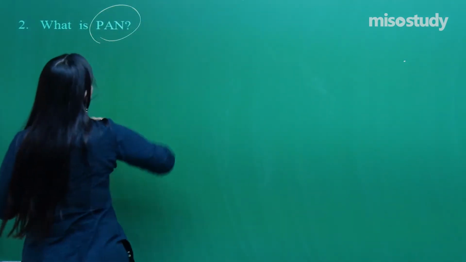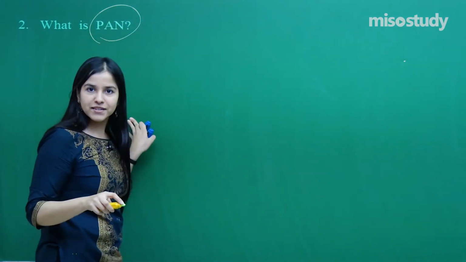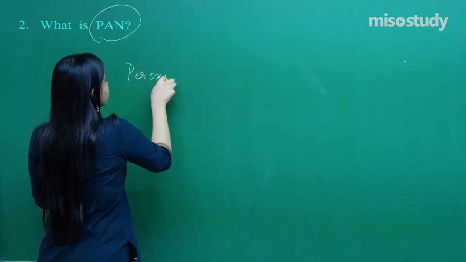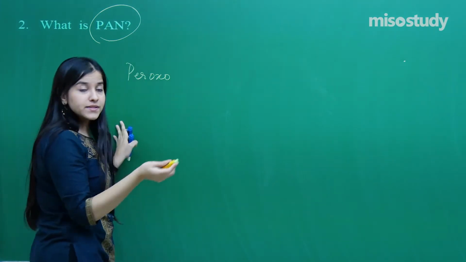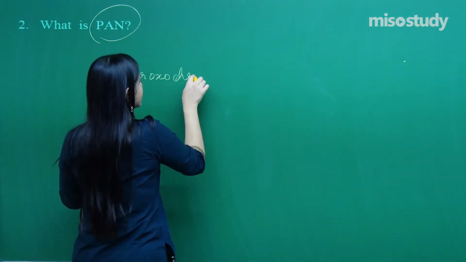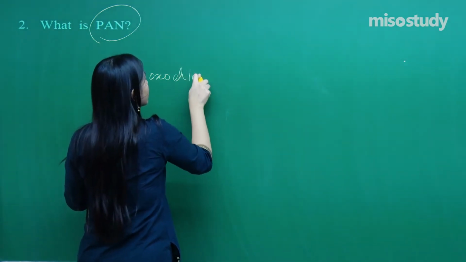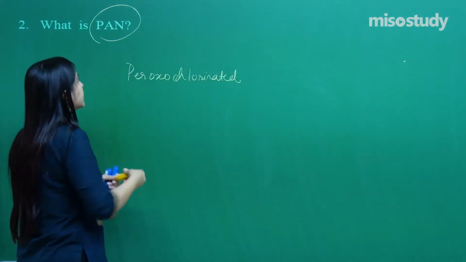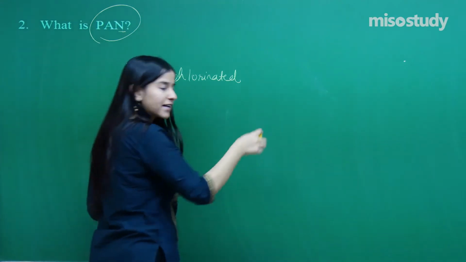If PAN comes up in your exam in 11th standard, it means peroxyacetyl nitrate, where N is nitrate.